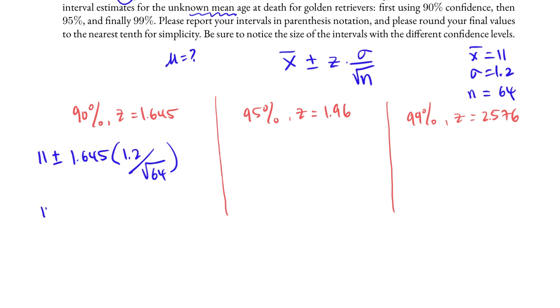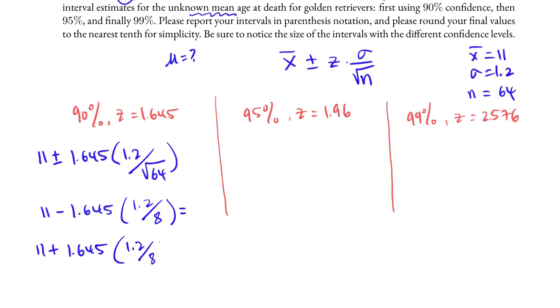One is 11 minus 1.645 times 1.2 divided by the square root of 64, which is 8. And 11 plus 1.645 times 1.2 divided by the square root of 64 again, which is 8.